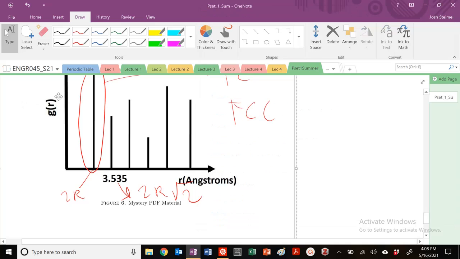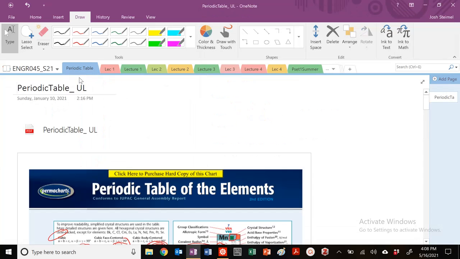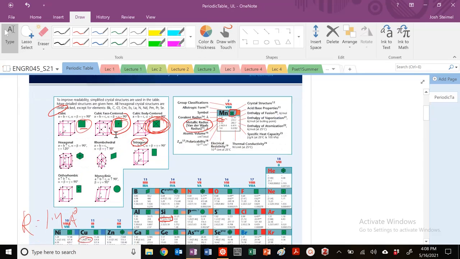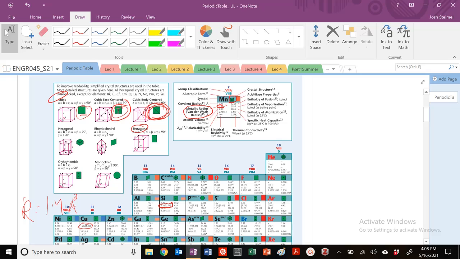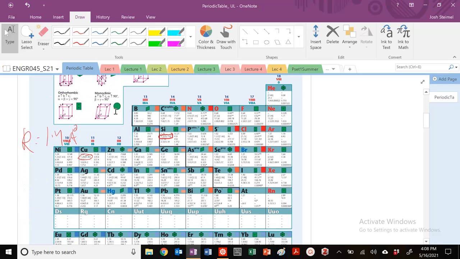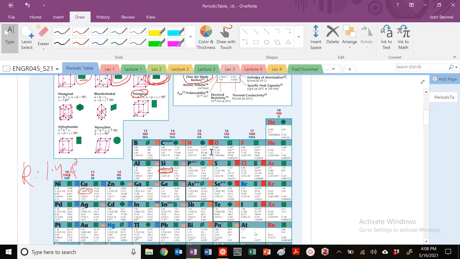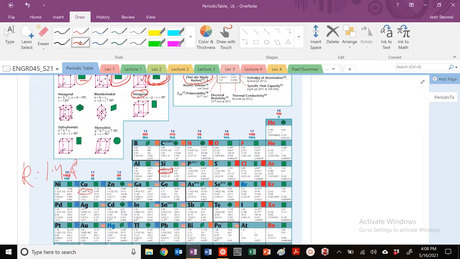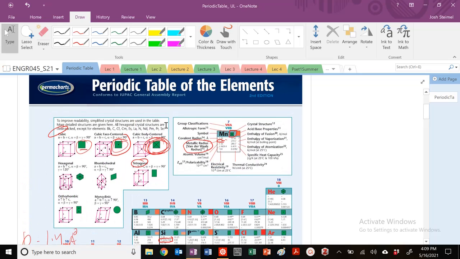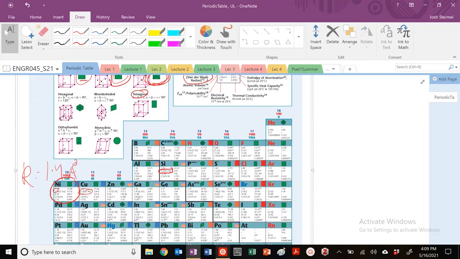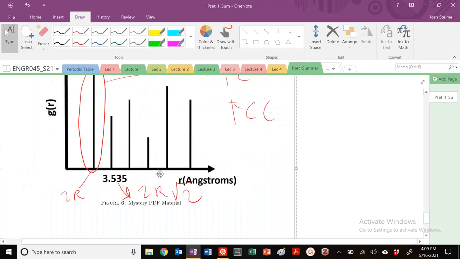So let's look at an FCC structure with a metallic radius of 1.25. We need FCC, so we need this little dot here. If I look at my structures, metallic radius is the first one. Look at nickel. Nickel here has a metallic radius of 1.25, FCC, we got it. That's it. That's how you answer some of these solutions.